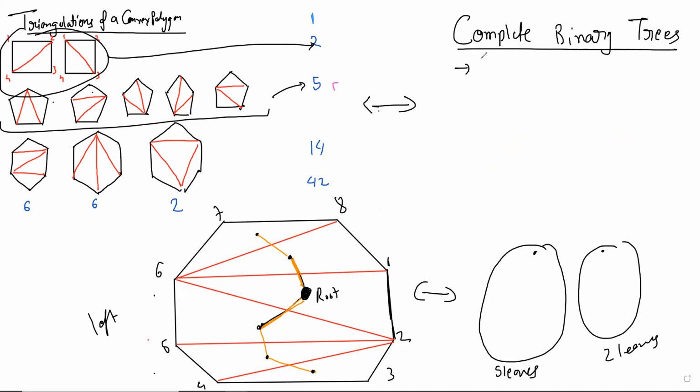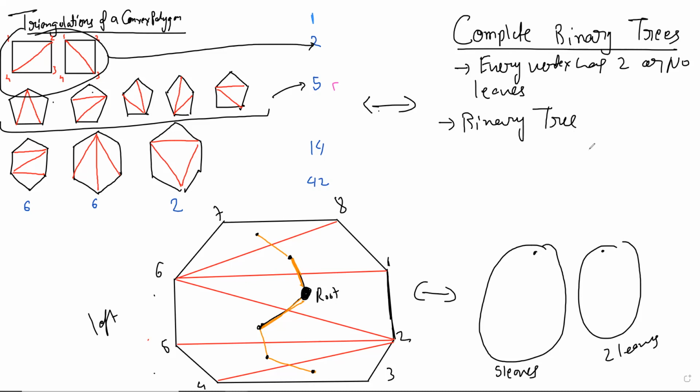Complete binary means that every vertex has 2 or no children. And there is something called a binary tree, and that is a tree with not more than 2 children.